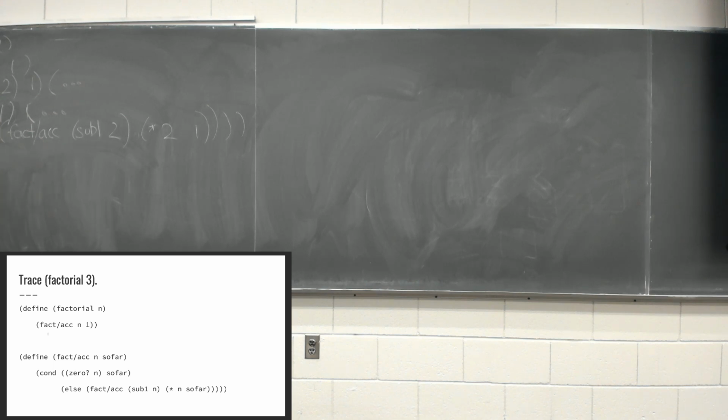else always evaluates to true. So in our next line, we just produce the recursive call. And of course, we can't apply this function yet because remember, they need to be values first.